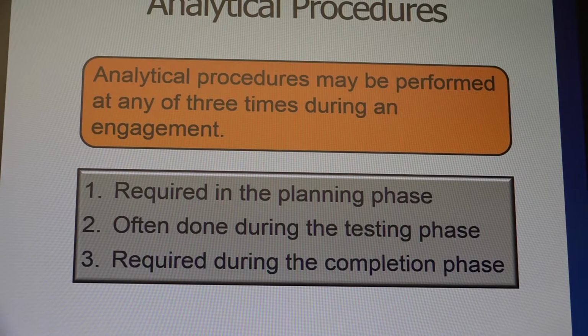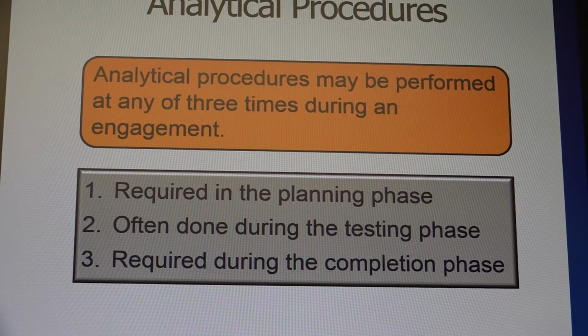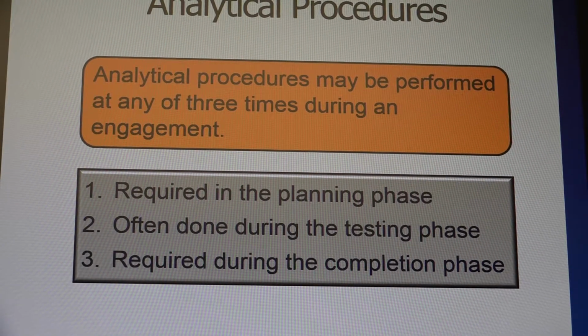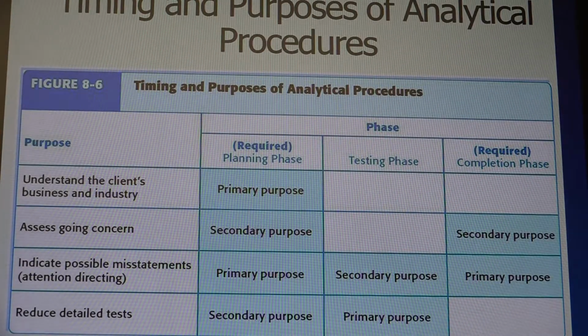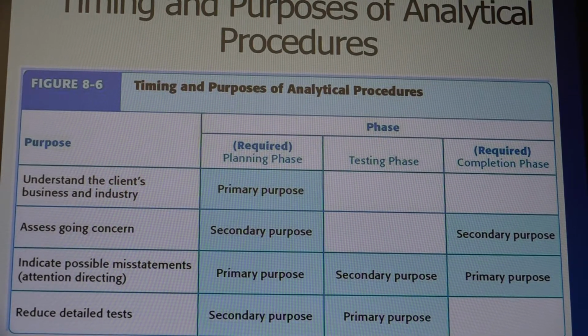And so in the planning phase, analytical procedures are required. During the audit itself, it's optional, but often done. And then at the completion phase, analytical procedures are required again. And so this just kind of illustrates that.